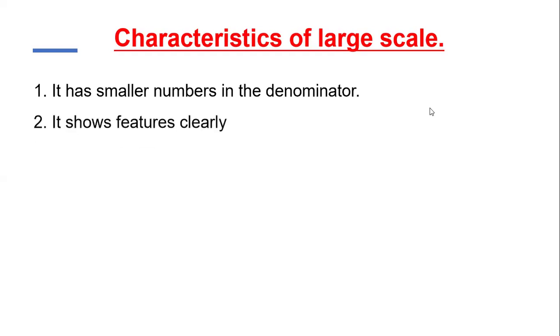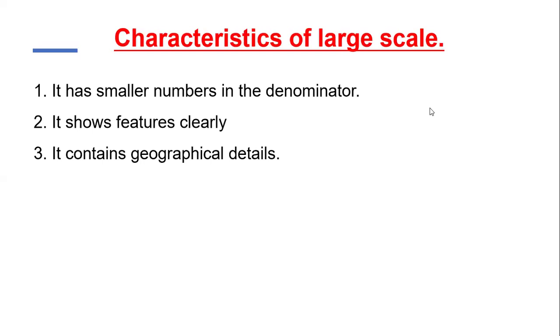It shows features clearly. The large scale represents small areas, so the areas and the various features shown are seen clearly. The other characteristic is that it contains geographical details. In a large scale, you see the various geographical details shown clearly within a small given place or area.